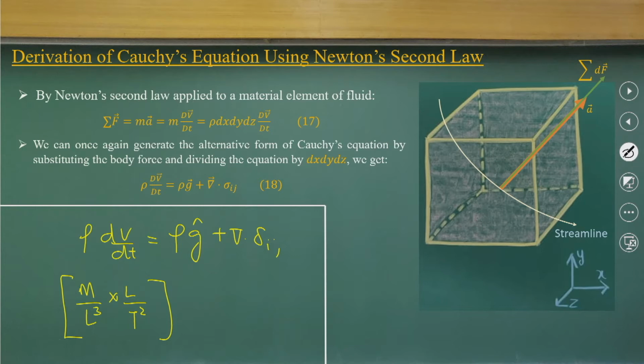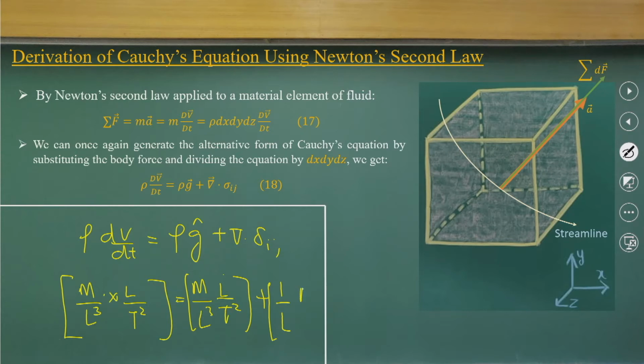You can see that this is force per unit volume, that is what you will get. Same way, m by L cubed, g is an acceleration, you know its unit, L by t squared, plus what is the unit of this? 1 by L. Sigma, stress, is a force per unit area.